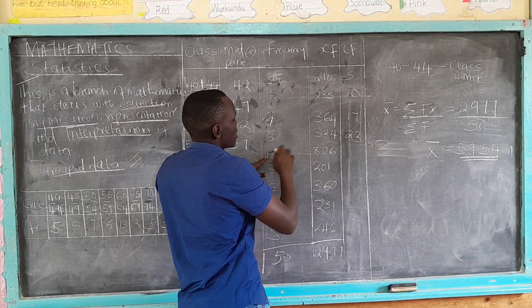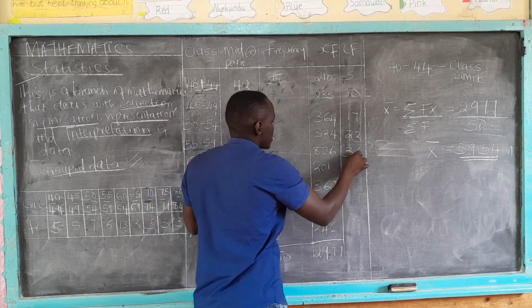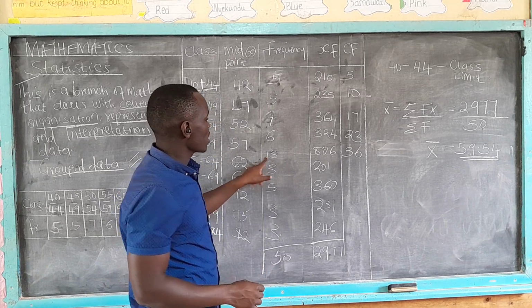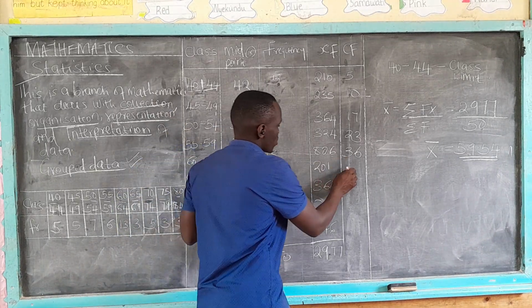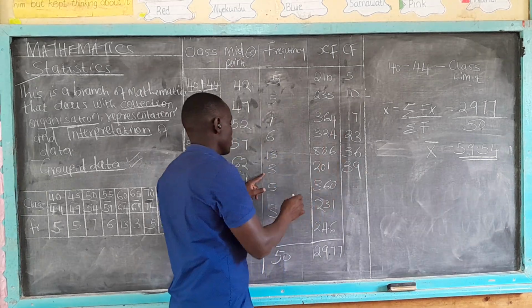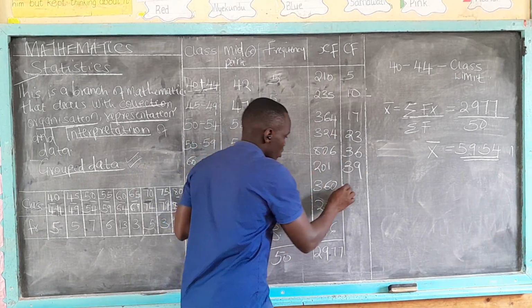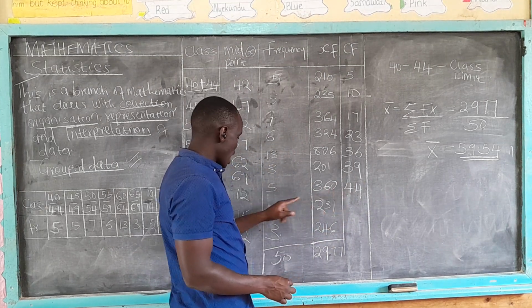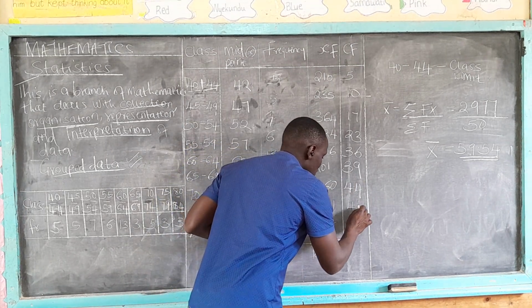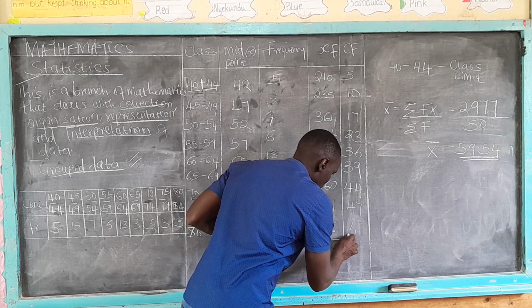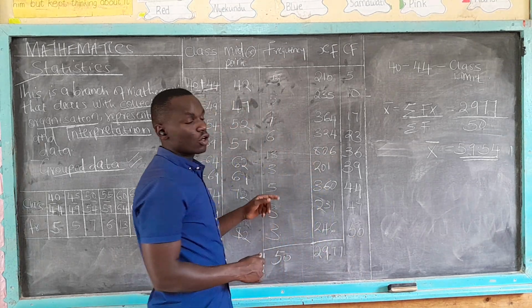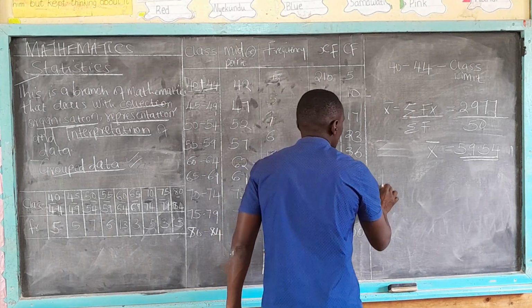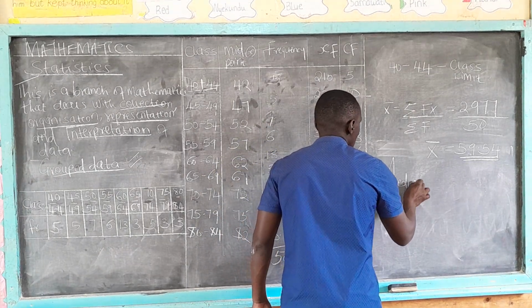Then 23 plus 13 is 36. Then 36 plus 3, we have 39. 39 plus 5, we have 44. 44, you add 3, we have 47. And here we have 50.